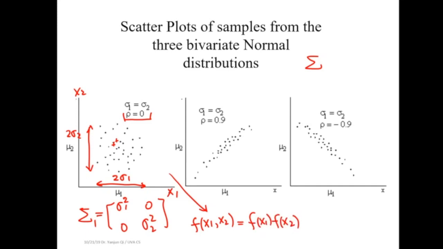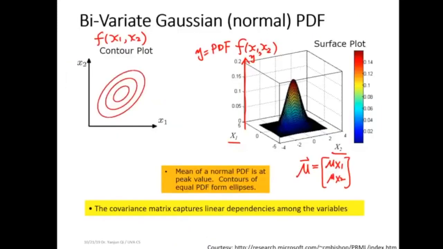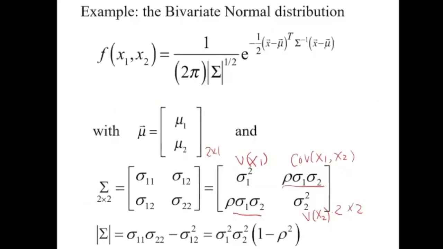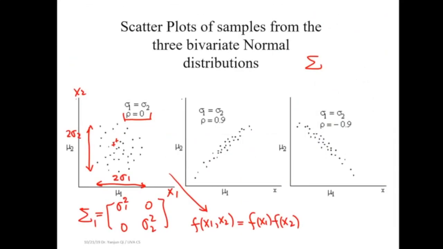Because the covariance is 0, you can just put that into this equation and decompose this formulation to make it a product of f(x1) times f(x2). You can do this very easily, but I'm not going to do that.